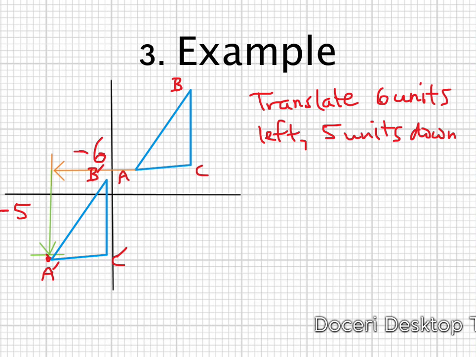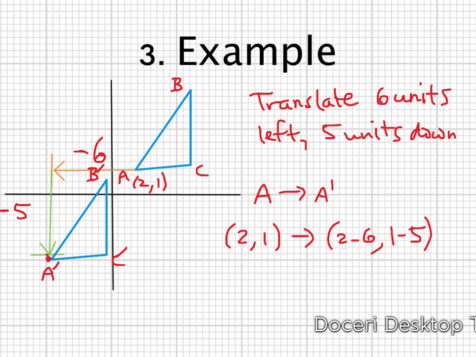So if we say A was actually at 2, 1, let's say, from A to A prime, I do 2, 1, and then I would subtract 6 units in the x, so I do 2 minus 6, and I would subtract 5 in the y, so I do 1 minus 5.